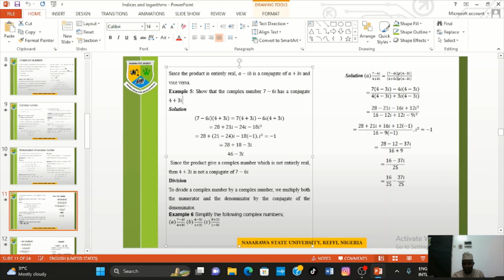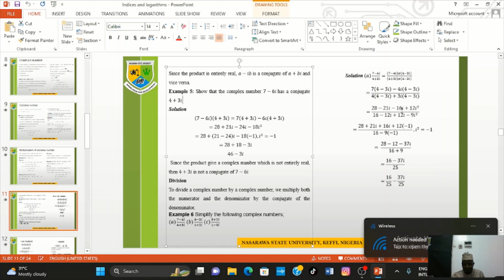So at this point, you have the idea of the multiplication of complex numbers. So you expand this by multiplying them. At the end of the day, we have our result as this: 28 minus 21i minus 16i plus 12i squared.